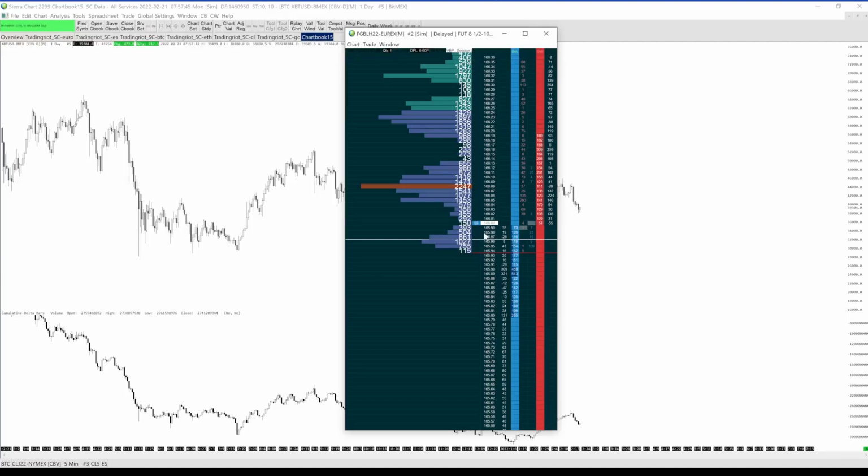You are instantly one tick in the negative if you use a market order. If you are trading one lot in this market, one tick equals 10 euros. So if you are trading with one lot, that's obviously something you can probably stomach.